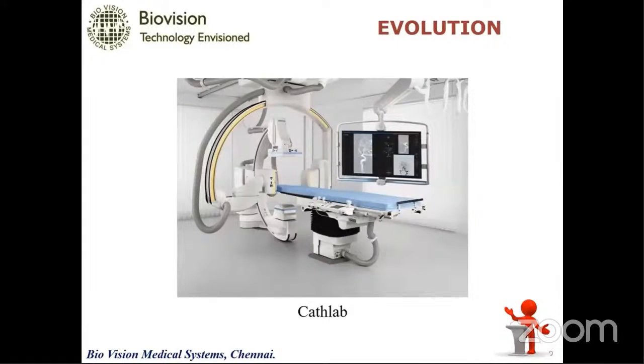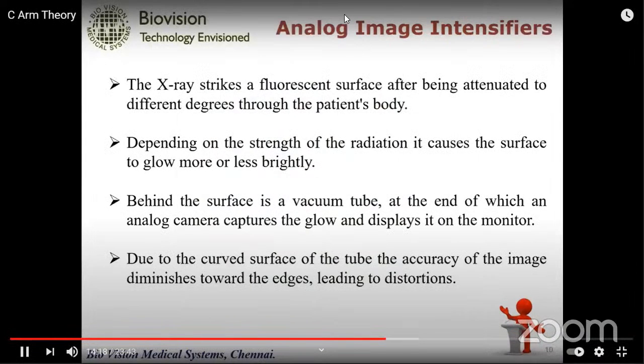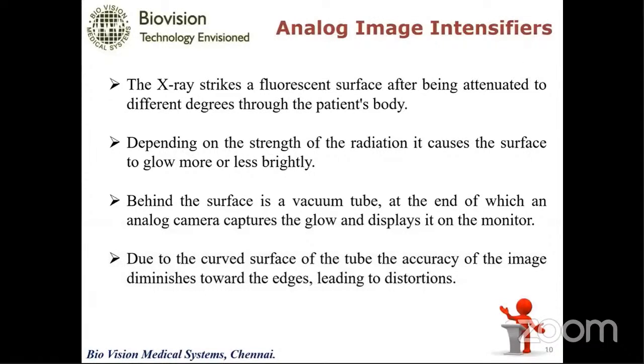So a cath lab is also a C-arm, which is ceiling hung and can move around a railing put in the ceiling. As I said, there are two types of detectors. One is analog image intensifiers and another is digital flat panel detectors. How do analog image intensifiers work?